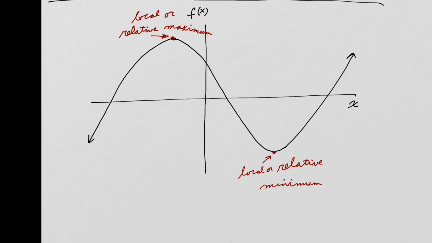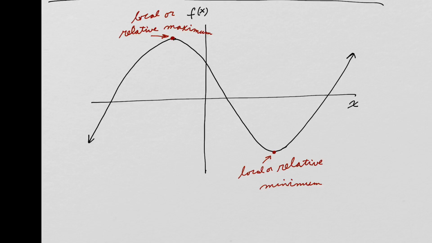And now, where is the function increasing or decreasing? Well, if you think about it, remember we're always reading left to right, right? The x values are increasing. So here, the function is increasing, right? Then it's decreasing and then increasing again. So how do I know that? Well, think about what's going on here. I'll pick a couple of points.